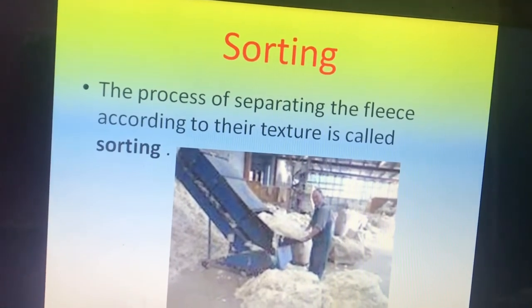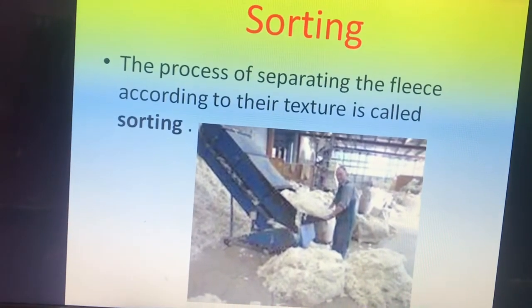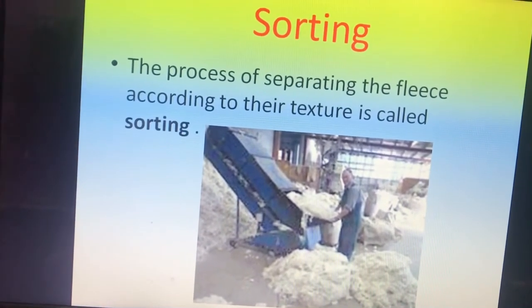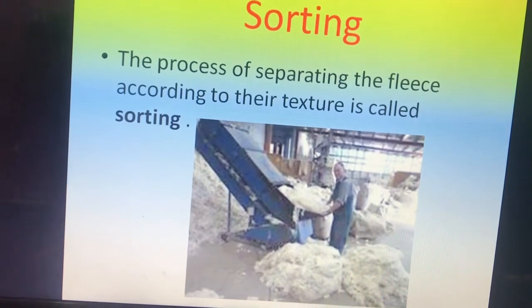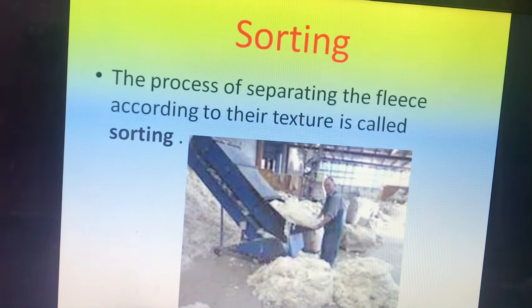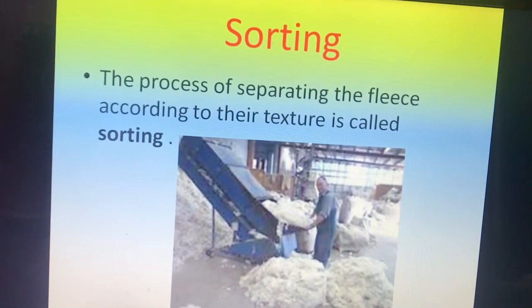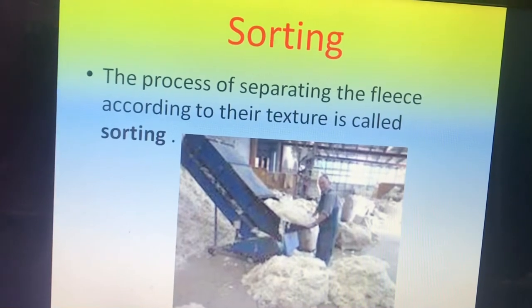The next process is sorting. You can see here different bunches are made. These bunches are according to the texture. All wool is not of the same quality, so the wool is sorted according to their texture. Fine and coarse, they are separated.